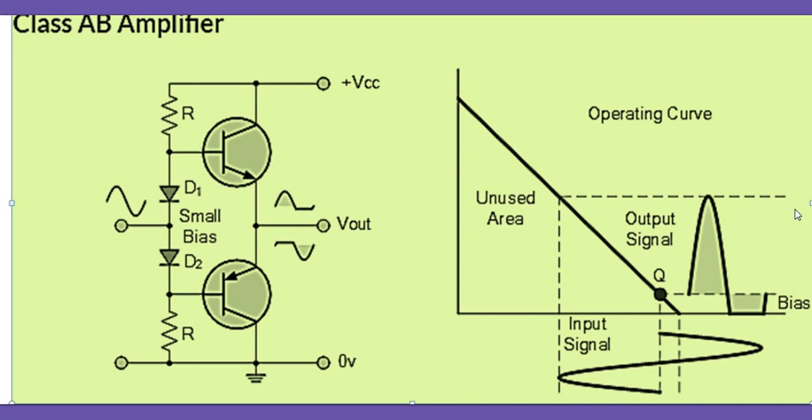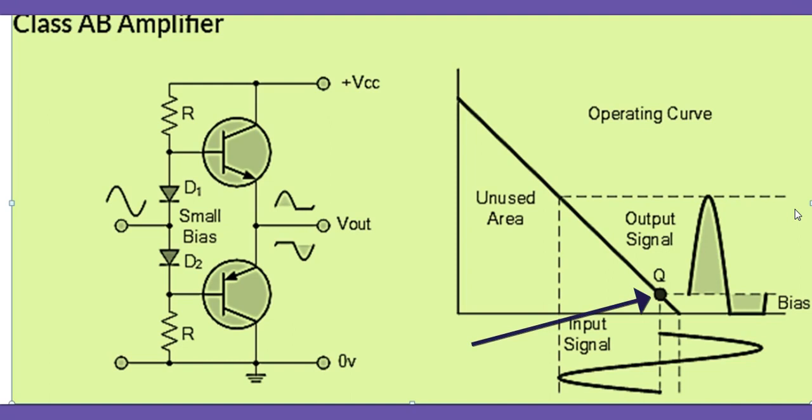This is a circuit for a class AB amplifier, having the properties of both class A as well as class B. Now here the Q point is lying here.